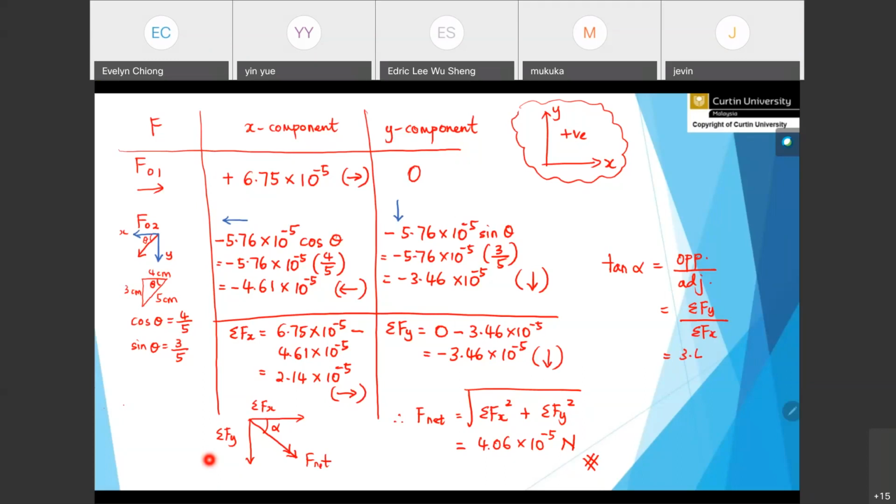Fy is 3.46. This one is 2.14. Okay. So you are going to get the angle: 3.46 divided by 2.14, then get the tangent.